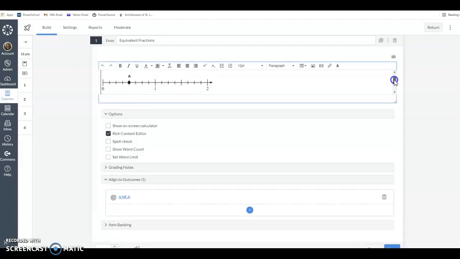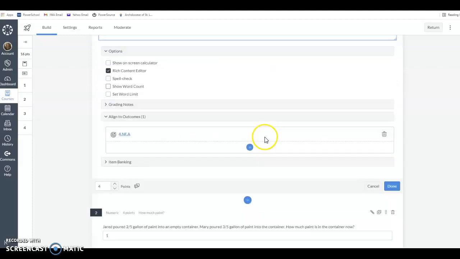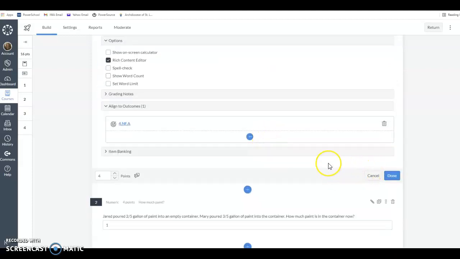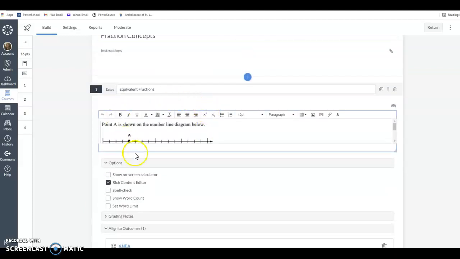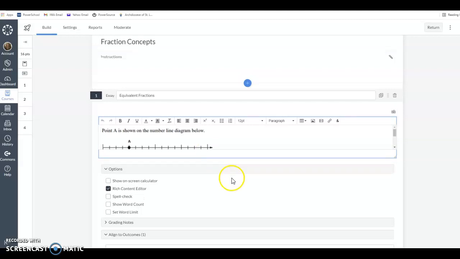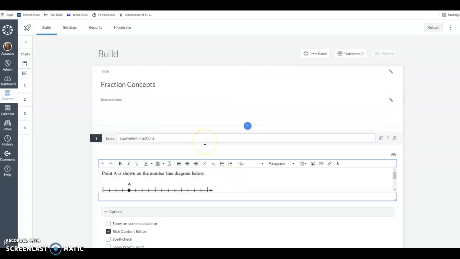Like this question just says to write 3 equivalent fractions to point A. So there are infinitely many possibilities for that question. So that is what I try to have, questions that have more open-ended answers, or answers that could be multiple different things, so that they could retake quizzes if they wanted to.